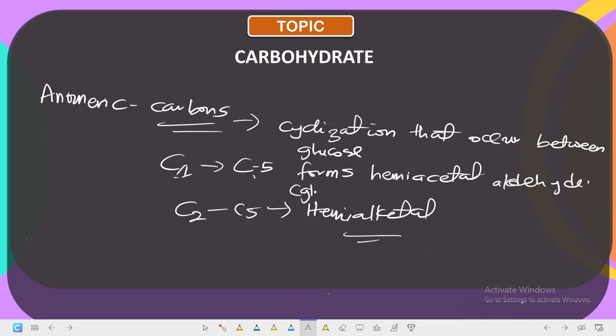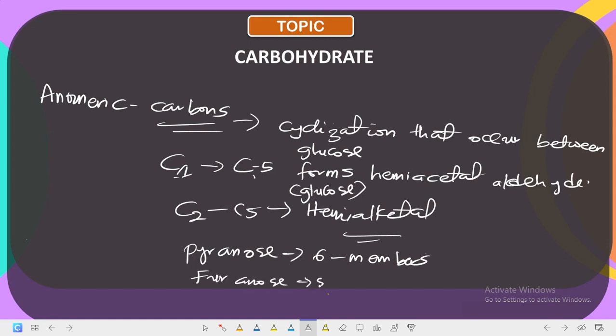Glucose. It leads to the formation of two structures, which are what? The pyranose structure. Pyranose is a six-membered ring, and then we have furanose. Furanose is a five-membered ring. Are you getting it?